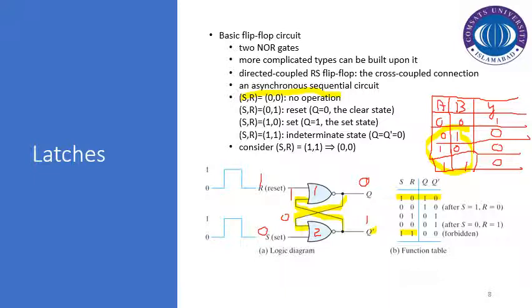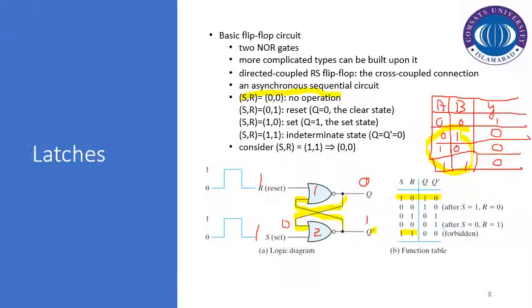Another important input is basically 1 and 1. Let us see if we apply 1 and 1 here. So if we start our discussion from the first NOR gate, the output is switched to 0. This 0 is fed back here to the second NOR gate.